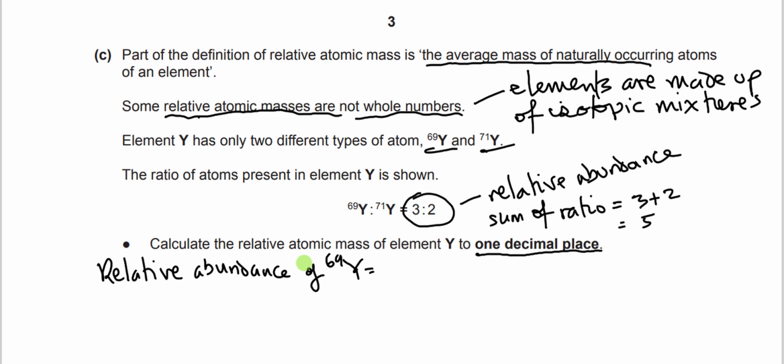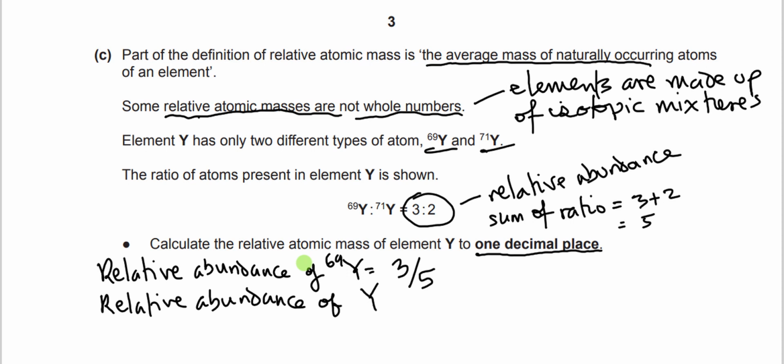So relative abundance of Y69 will be 3 over 5, while relative abundance of Y71 is 2 over 5.